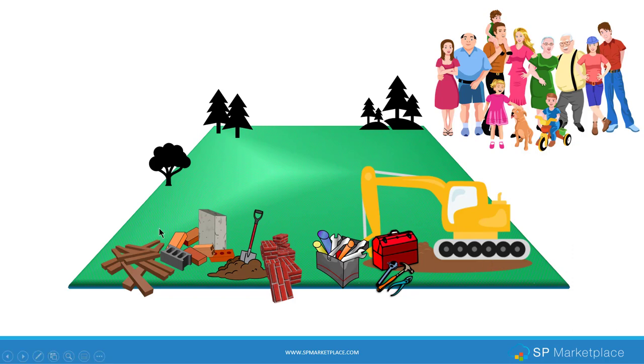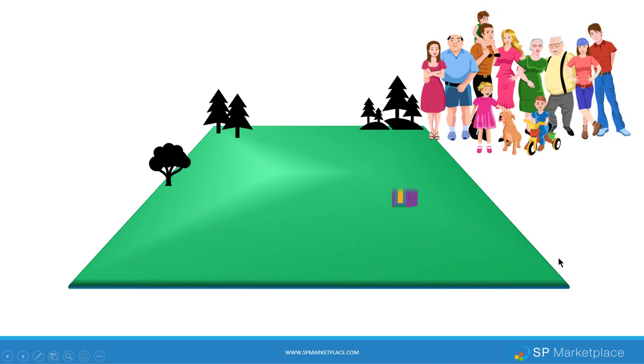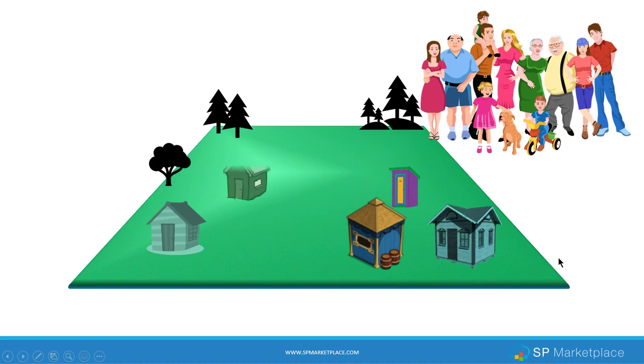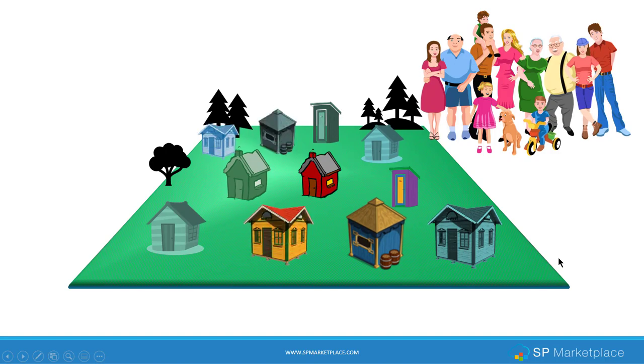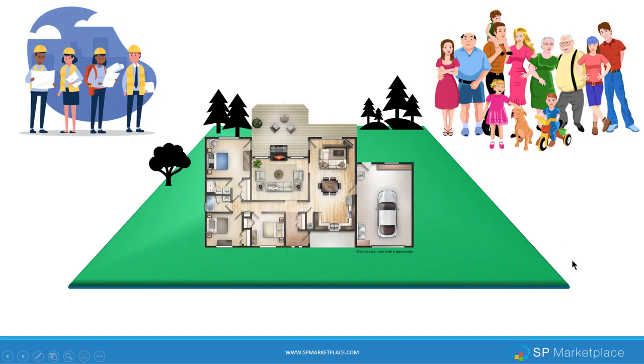Anybody that's built a house knows that what you end up with if you do this is you have no plan and everybody builds their own shack all over the place, and you don't have a house. You have chaos on the lot. So the analogy here is, just like you would build a house, you would also design the house before you implemented the materials, before you used the tools.